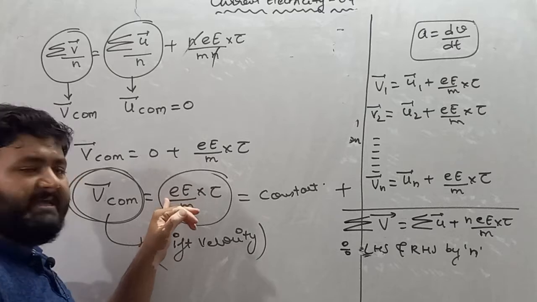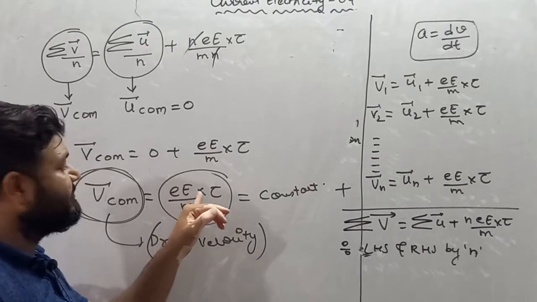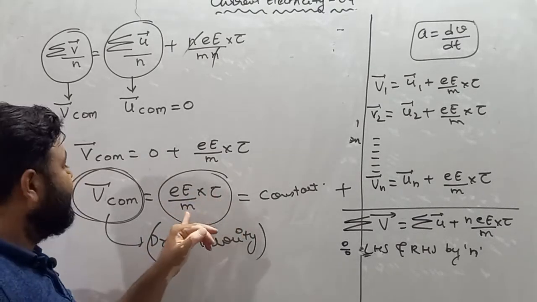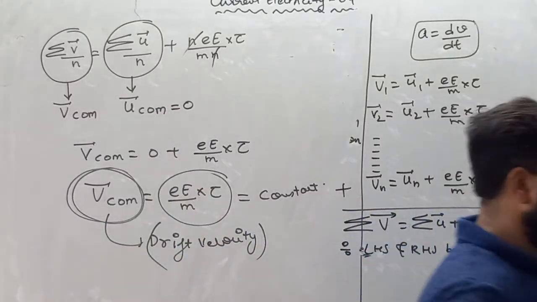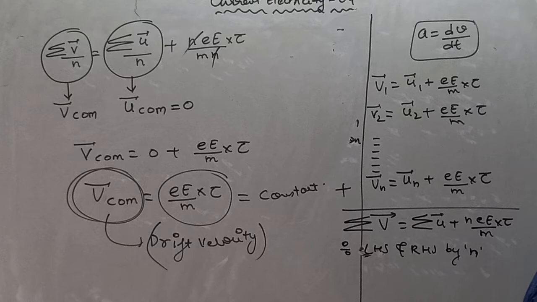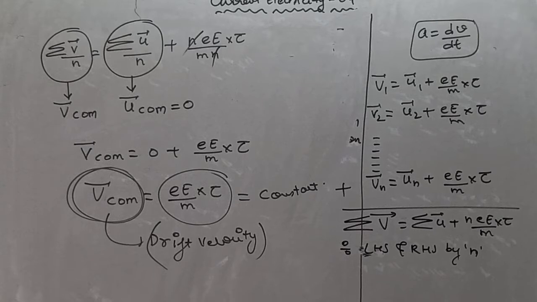Remember, E is constant, electric field is constant, tau is constant, m is constant, so the value of drift velocity is also constant. Remember this thing, this velocity of free electrons present inside the conductor is called drift velocity. Now copy it, then we'll move forward to our next relation.